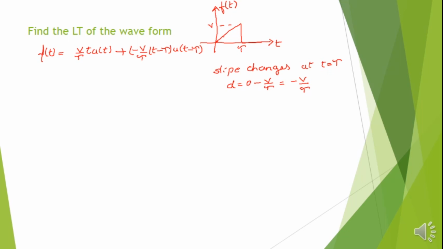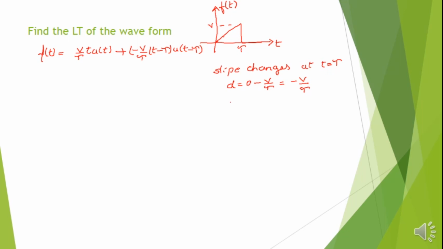After identifying the change in the slope, add the change in slope times (t minus tau) u of (t minus tau). Check, is there a change in magnitude? Yes. The magnitude changes from V to 0.